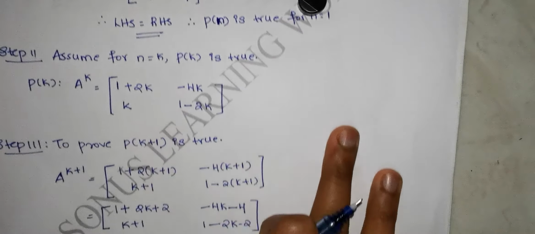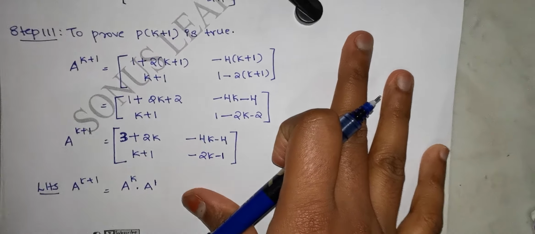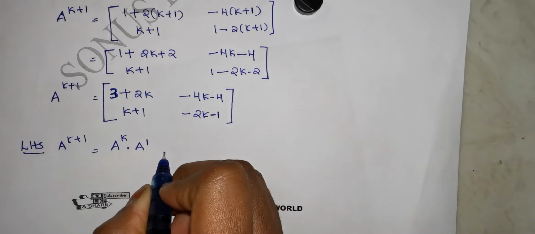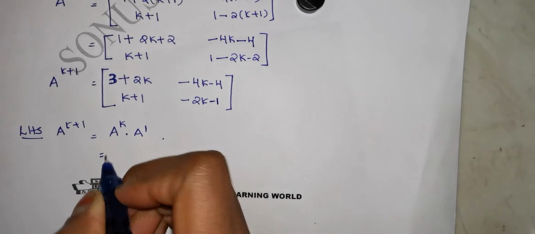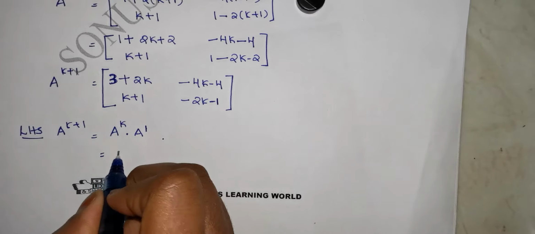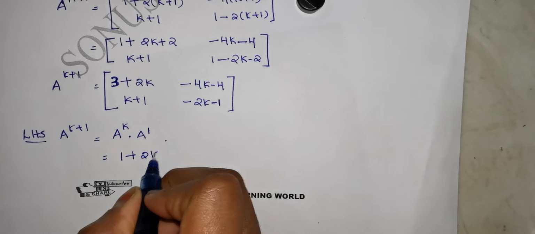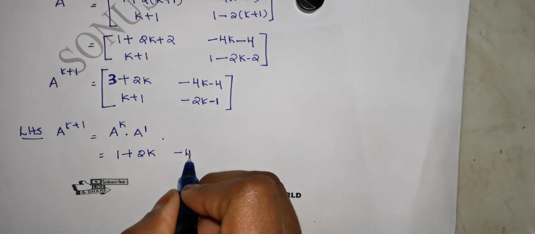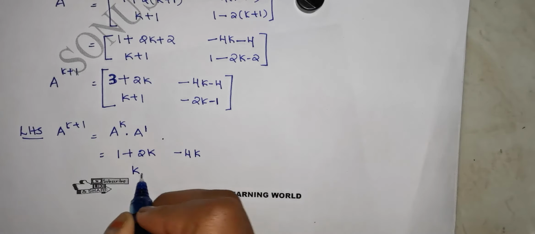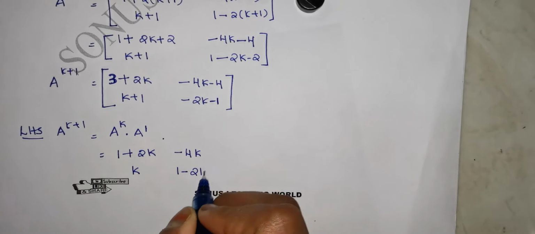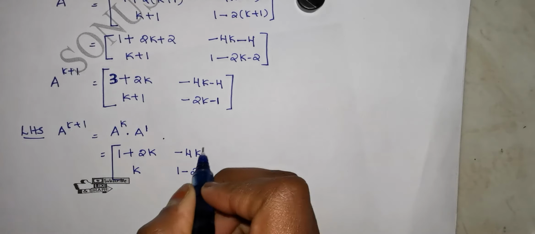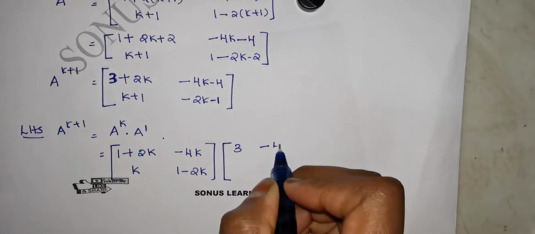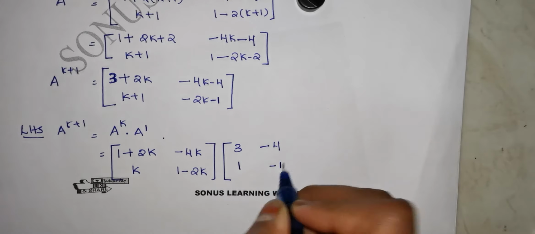So let us substitute the values here. A raised to k is [1+2k, -4k; k, 1-2k], into our A, which is [3, -4; 1, -1].